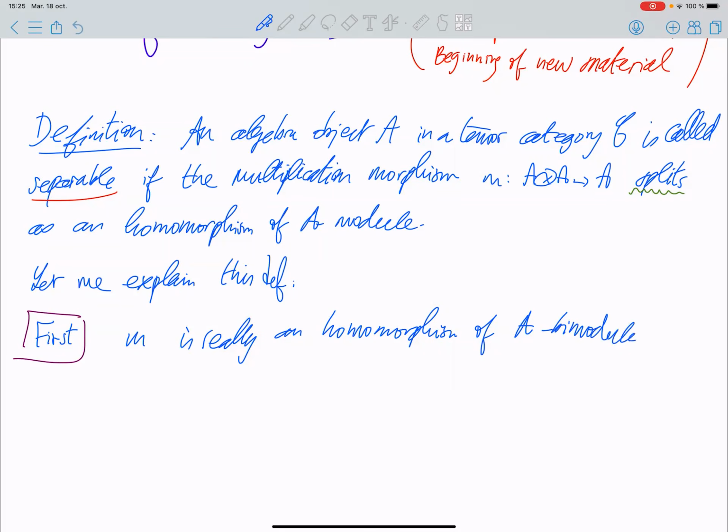In fact, why are you right that it is a homomorphism of A module or A bimodule? So wait a minute, let me check something.